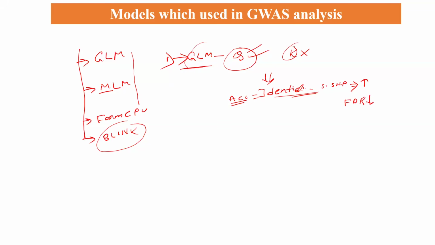Because if the Q matrix is not included and there is a subpopulation, it may affect the association mapping. So here the Q matrix being included is good.